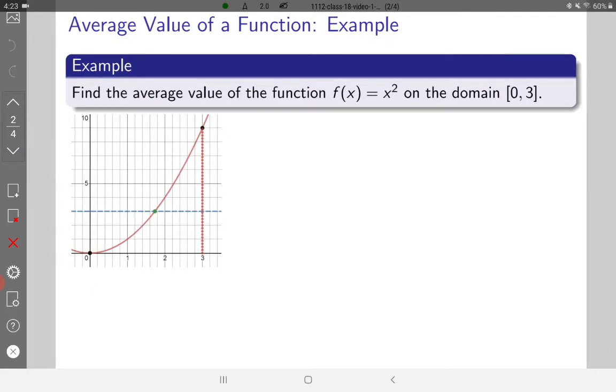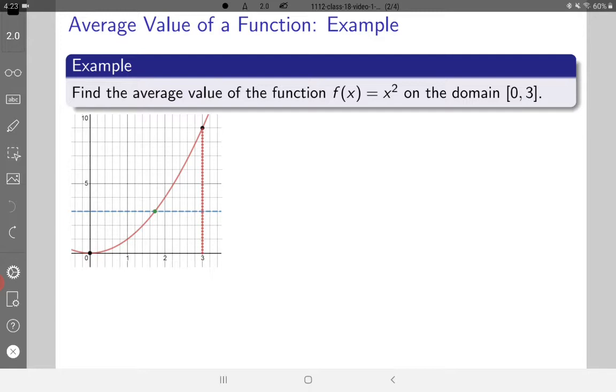Let's apply that to a specific example. Here I've chosen a nice simple x squared function, and we're going to find its average value on the domain 0 to 3. Now I've chosen that domain as part of the problem here. In anything you would be doing, the domain would be provided to you somehow. I've also graphed this function on that specific domain.